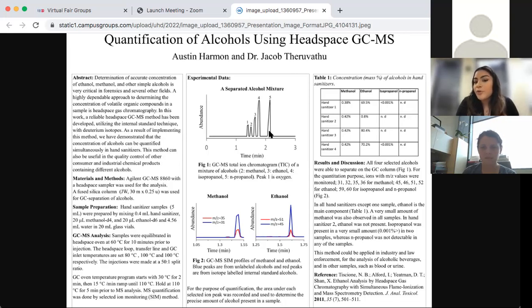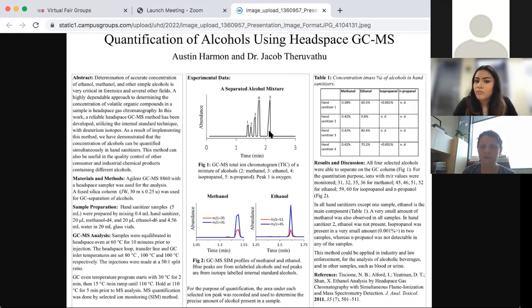Well, what were your findings? The 4 and 5 are pretty close together with the level of alcohol, right? Right. The results showed that hand sanitizer number 1, 3, and 4 were shown to contain close to the percent ethanol that was claimed on the label.